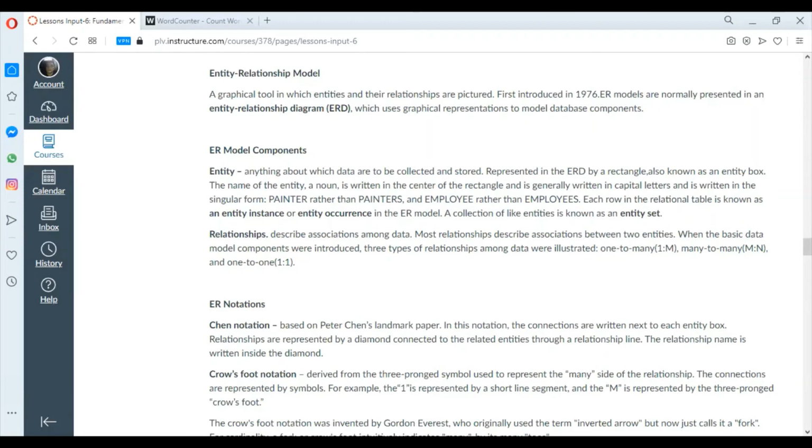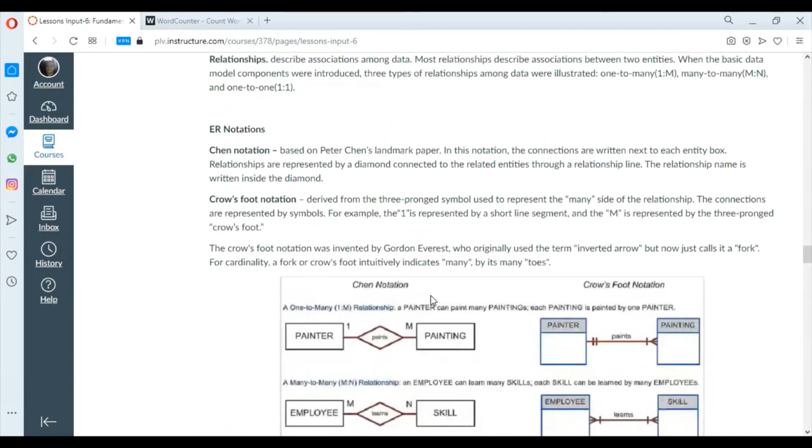We have two major types of entity relationship model. First one is the Chen notation, based on Peter Chen's landmark paper. All the connections are written next to each entity box, represented by a relationship using a diamond connected to the related entities.